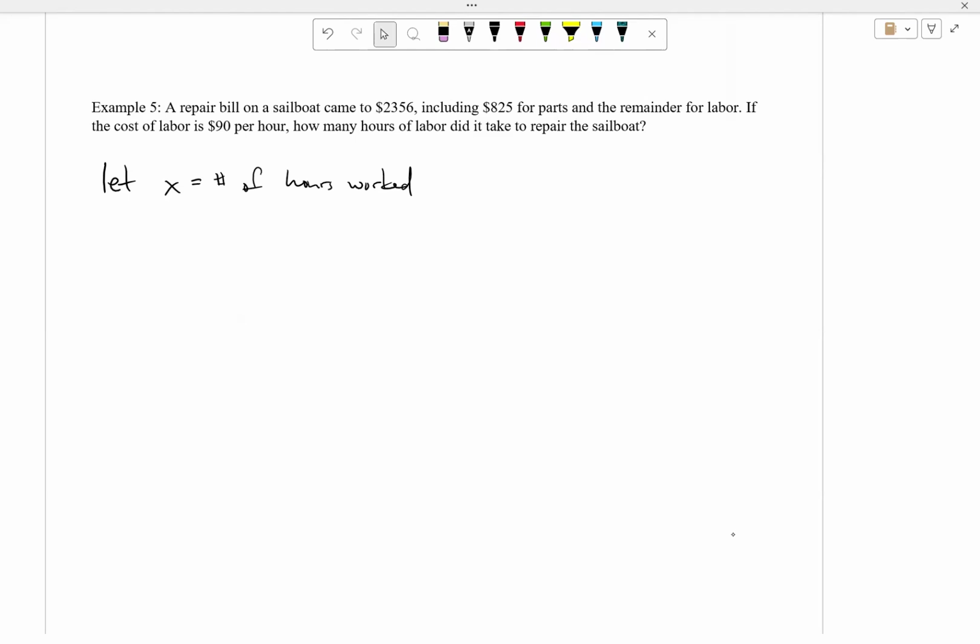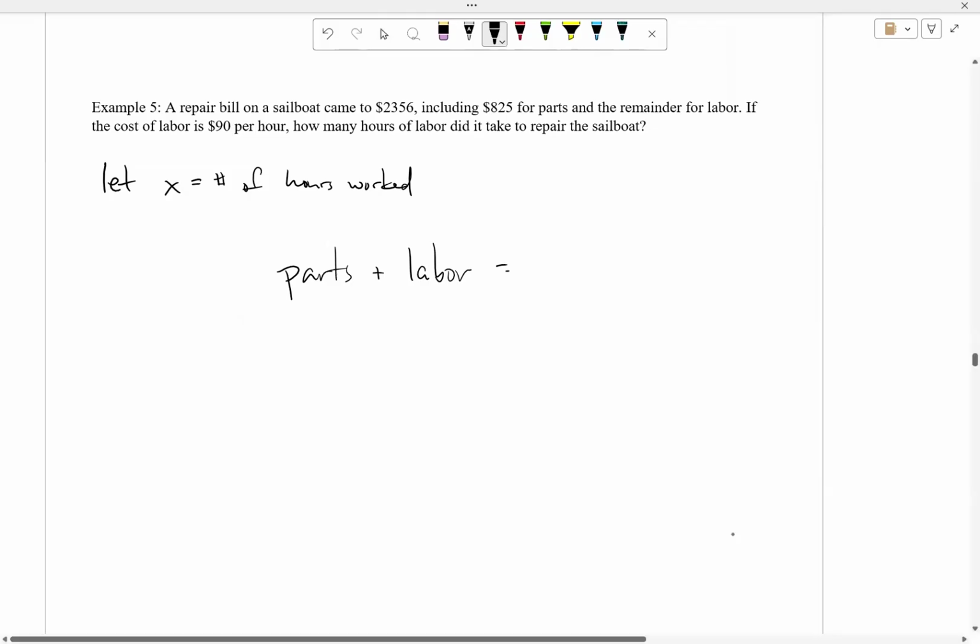Does X equal parts? What does that mean? Should we talk about it? Not yet. Labor. Because how do we know how much the parts cost? Good question. But I hope it makes sense that parts plus labor equals 2,356. The bill is $2,356.